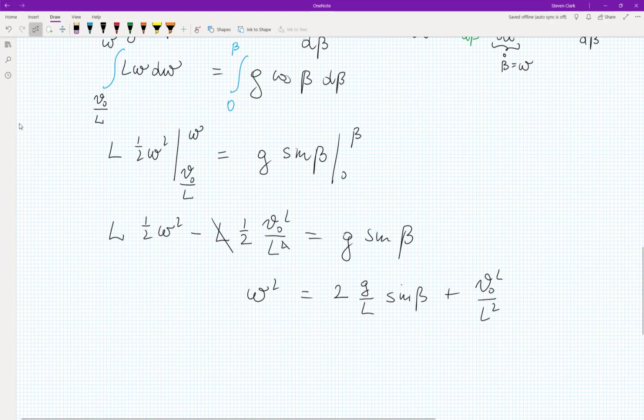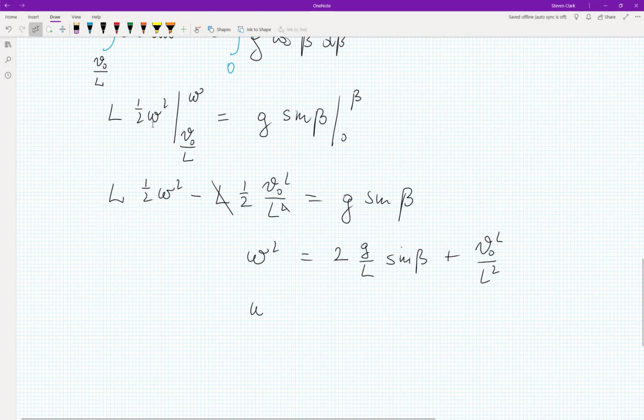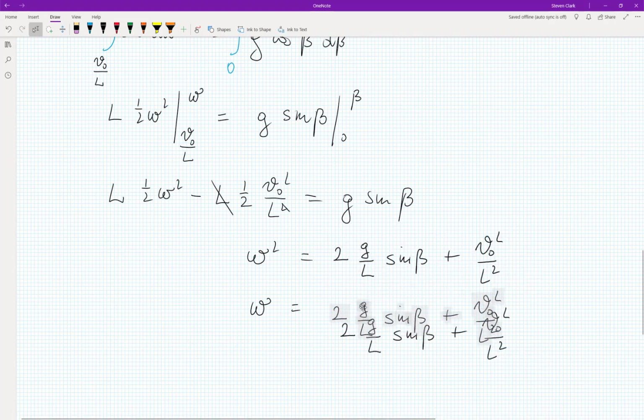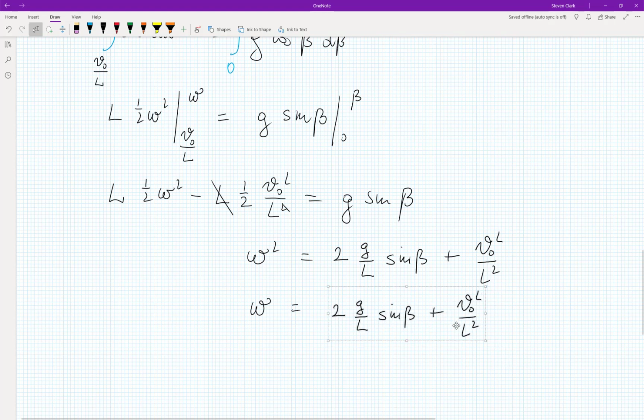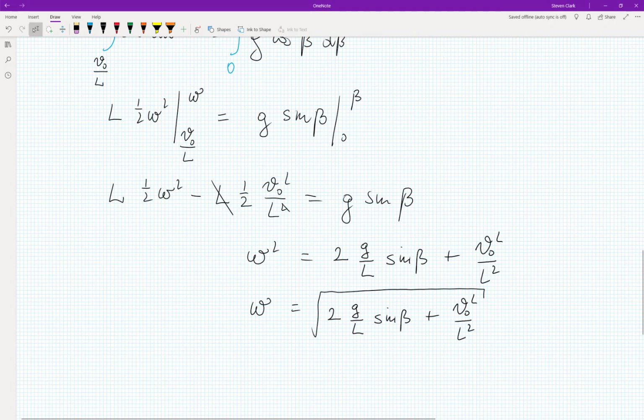But they ask us to find omega, not omega squared. So our omega will be equal to exactly the same, but under the square root. Let me double check if this is what I obtained yesterday. Yes, this is what I obtained yesterday. Okay, so this is the answer to part A.